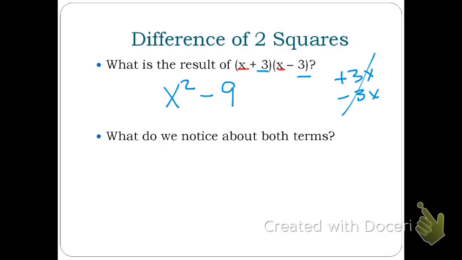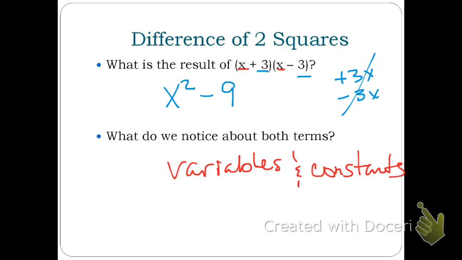So the variables and constants, minus their signs, are the same. So this is an example of a difference of two squares. The only thing that's different is the signs of the constants. One's positive and one's negative.